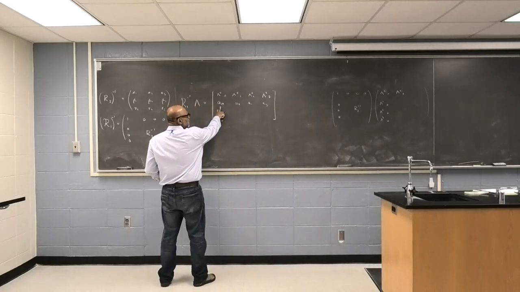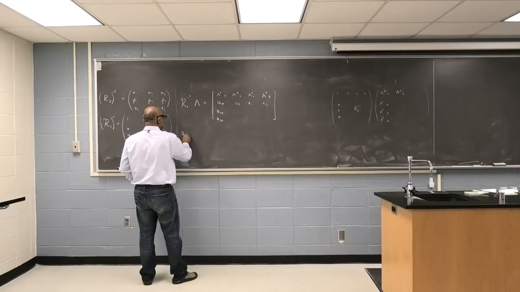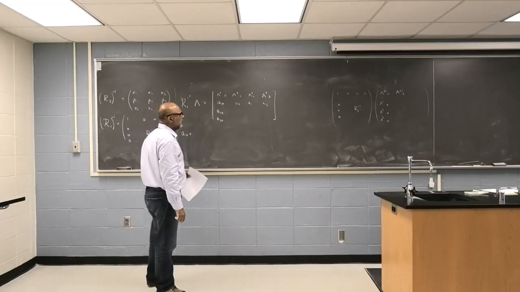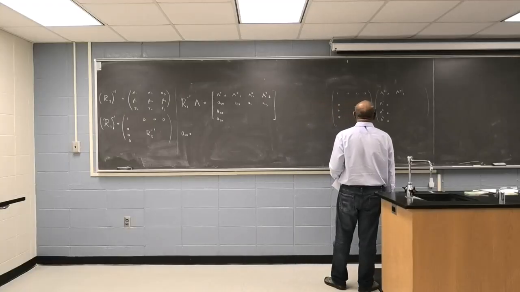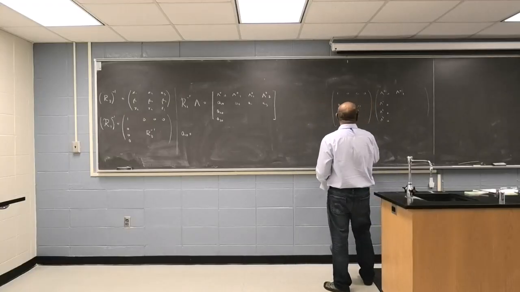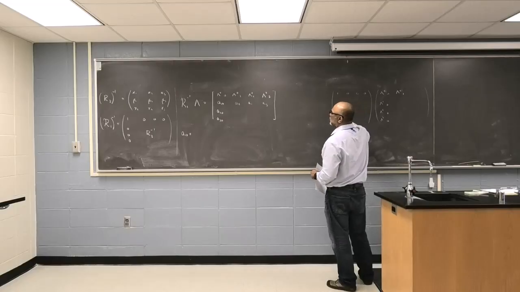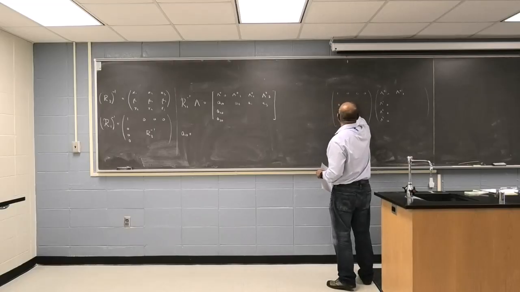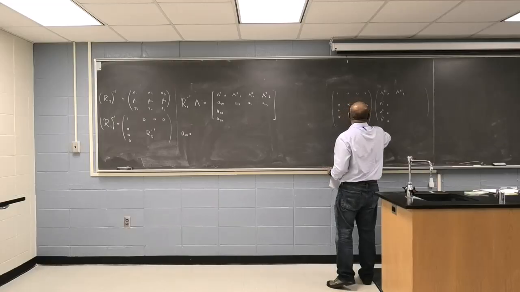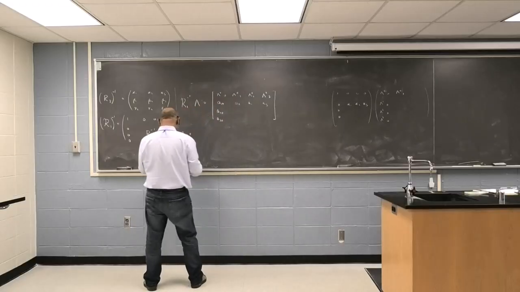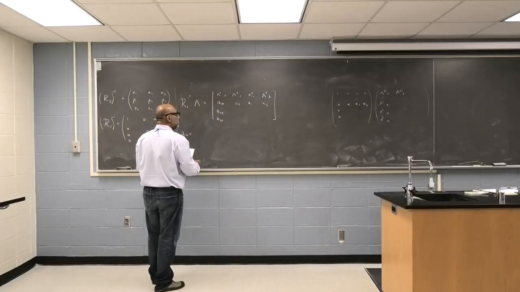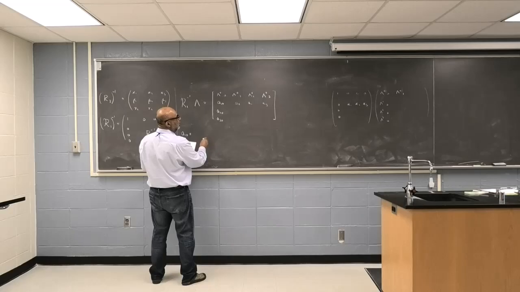What would this element be? Sorry, it'd be whatever the first row is. So let me write the first row, second column. First row, what did we say it was? Alpha 1, alpha 2, alpha 3. So A10, let's just check, is alpha 1 times what?